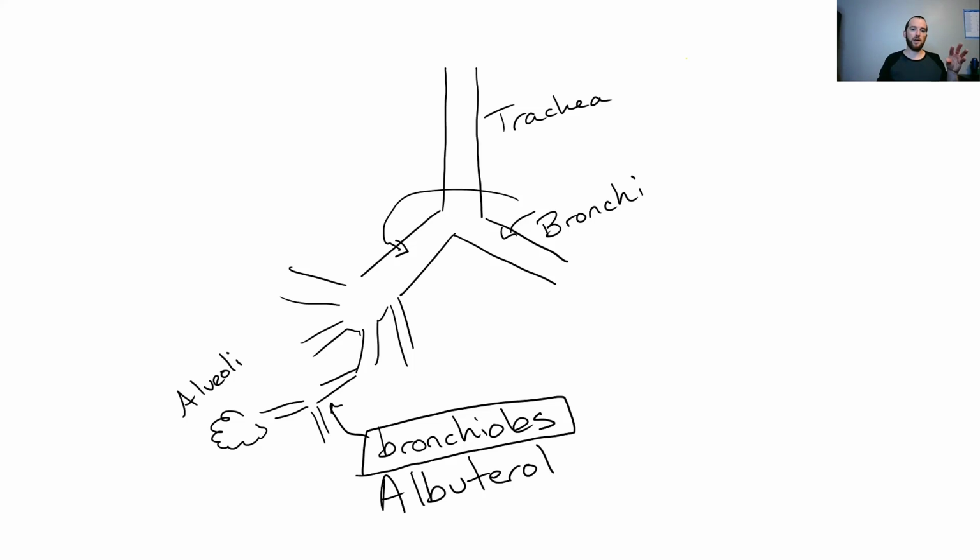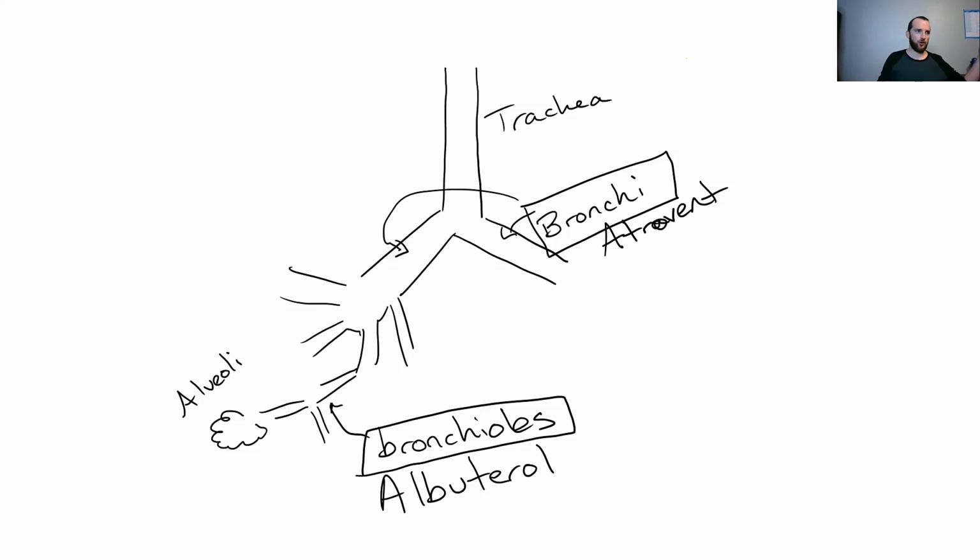That's where the bronchodilation from albuterol will actually happen. Higher up in the big bronchi is where the ipratropium bromide, or the Atrovent, will really start to work. So you'll get bronchodilation in the larger bronchi because of Atrovent, and bronchodilation in the smaller bronchioles from the albuterol. Again, it becomes benefit on top of benefit for why we would like to do both of these drugs for the same patient.